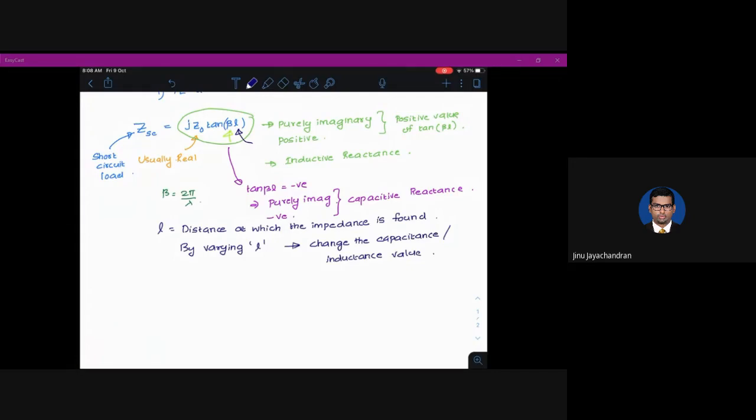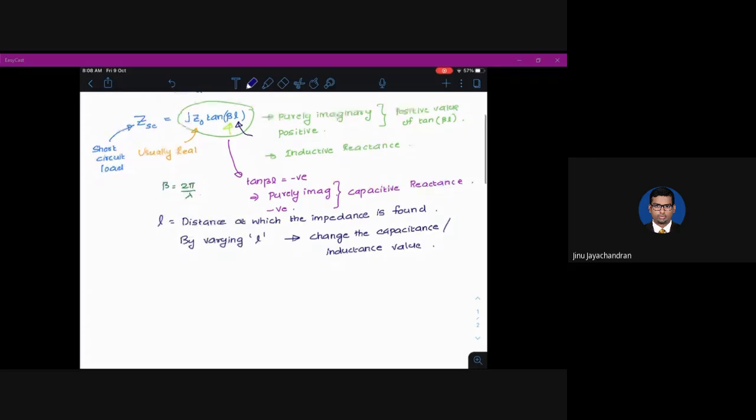So this is called a circuit element. You can see that for a short circuited load transmission line, when you change the length, or if you measure the length at different points of the transmission line, you can realize a reactance, a capacitive or inductive reactance, and the value of the capacitive or inductive reactance can be changed by looking at different points of the transmission line.